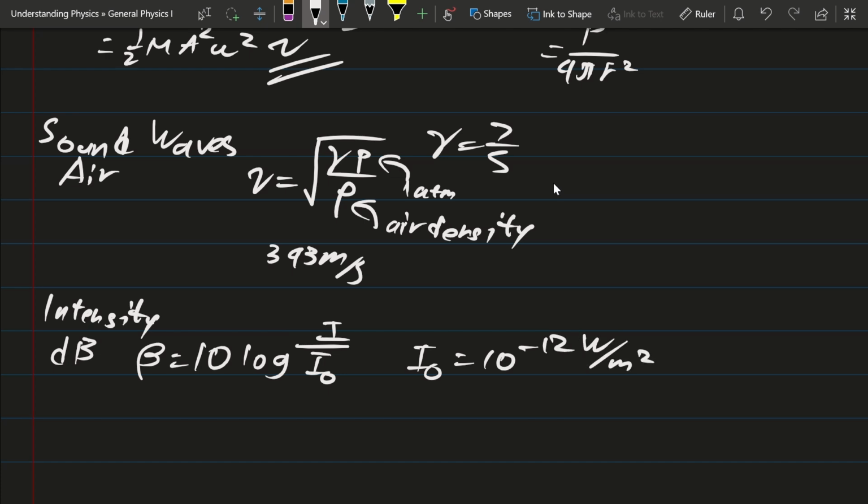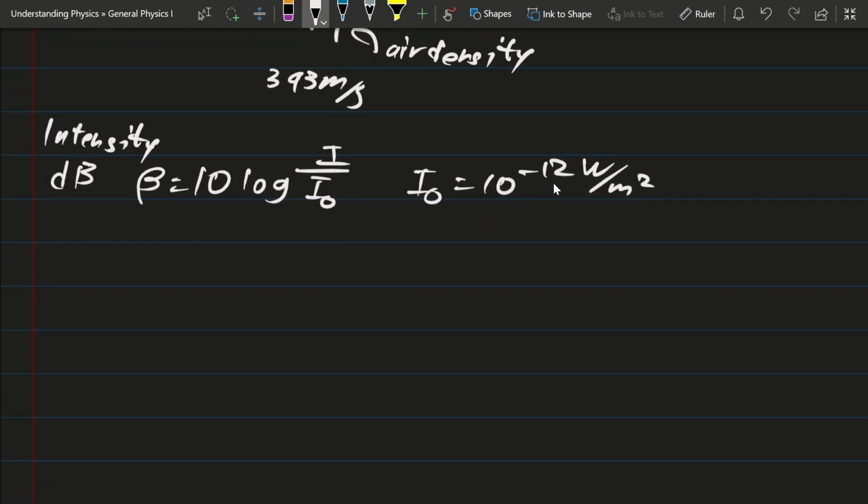This is a relative scale that is hearable for us humans, and then you would have thresholds which correspond to damage to your ear. This is what we normally use when we discuss sound intensity or the loudness of sound.